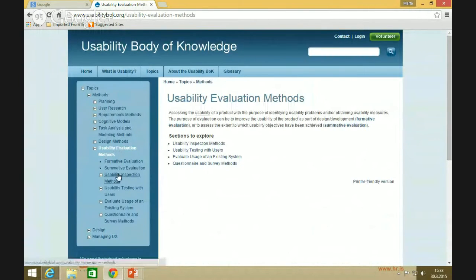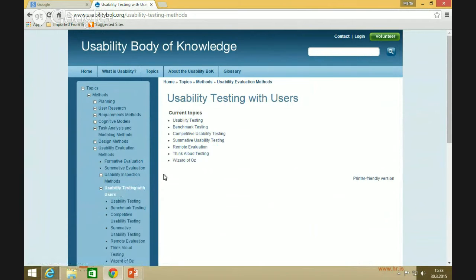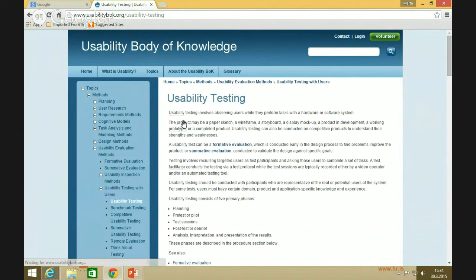You have something on questionnaires, something on usability testing with users. This is how you did that, what you did in assignment 4. So if you don't have the book, you could also read here about the different methods we have been covering.